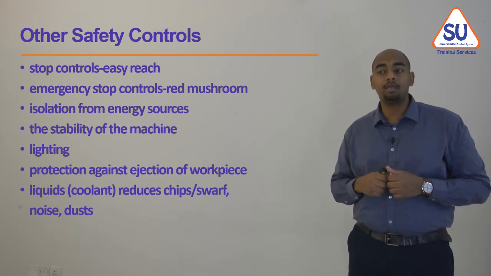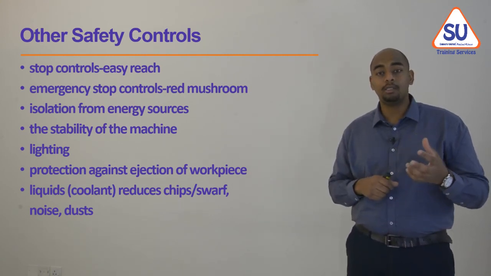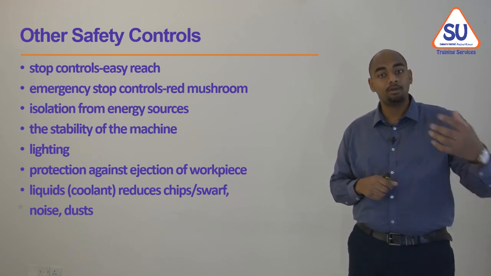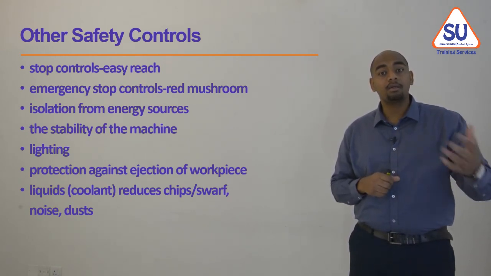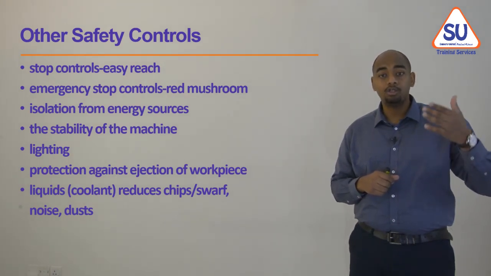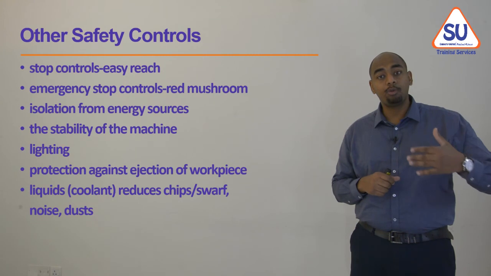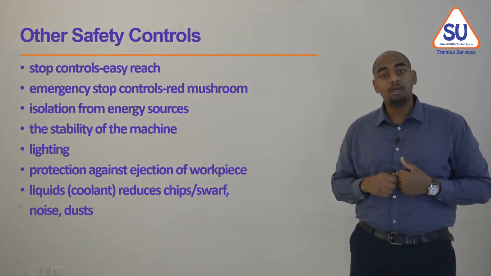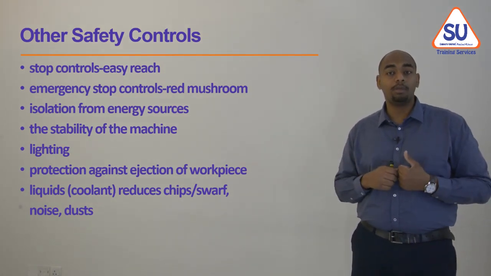The protection against ejection of work pieces. Those are the pieces that come out of the machinery while it's running, so there should be guards to protect users from those ejections of work pieces.